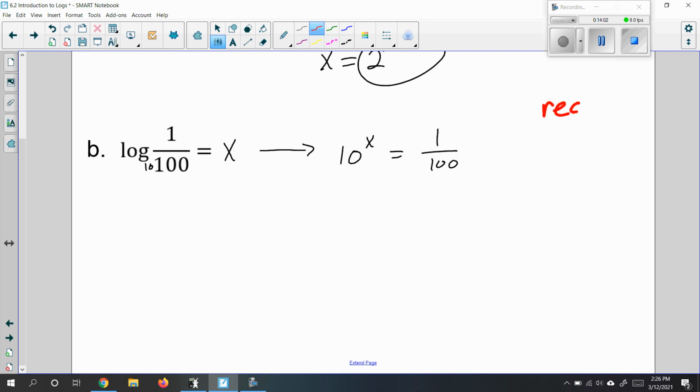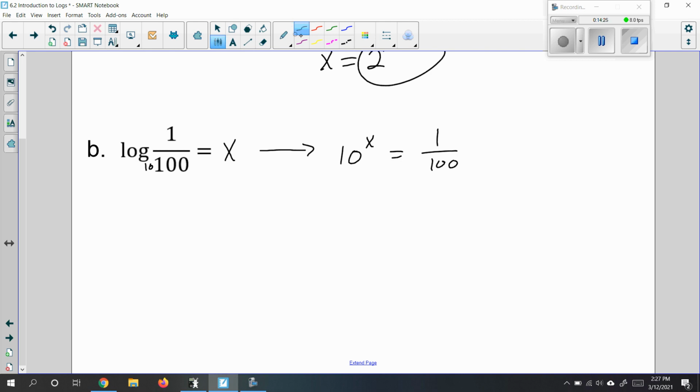Recall that x to the power negative 1 is equal to 1 over x, and 1 over x to the power negative 1 is equal to x. These are exponent properties from Algebra 1.